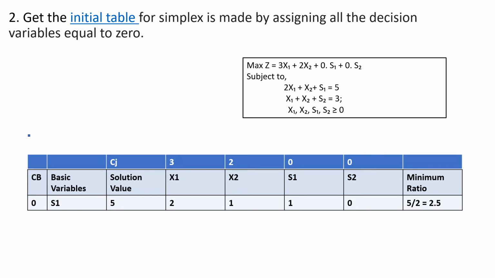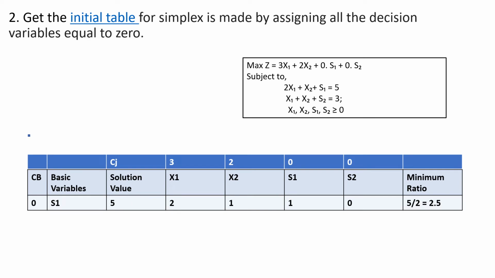In the first constraint, the right hand side is 5, so under solution value we have written 5. Then we have written the coefficients of x1, x2, S1 and S2 in the first constraint: 2, 1, 1, 0, because S2 is not appearing in the first constraint, so its coefficient there is 0.